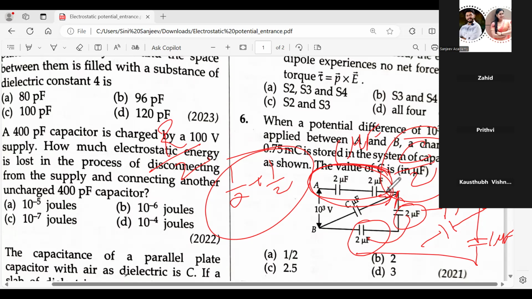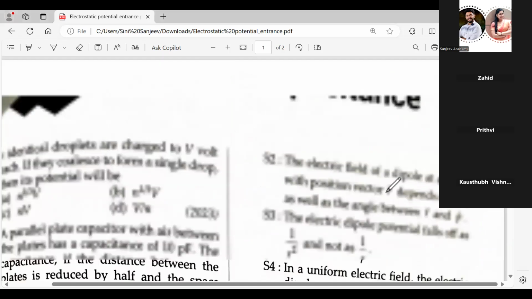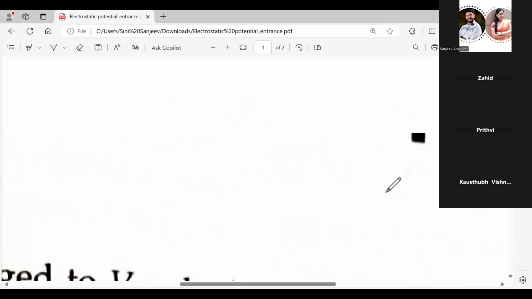How will I draw this? I'll show you in Word, or let me see whether I can go to the top, so that I can draw it a little more neatly.